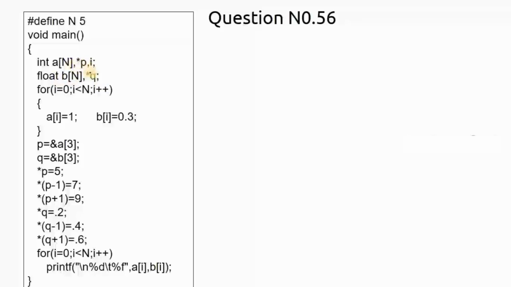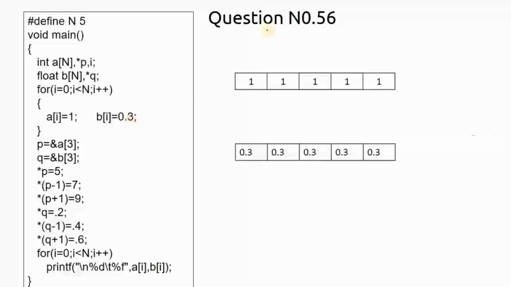This is a pointer. Now here you can see this is a for loop. i equals 0, i less than n, value is 5, i plus plus. Here for each index you are assigning the value 1 for a and 0.3 for b. Let us consider like this: this is array a, this is array b.